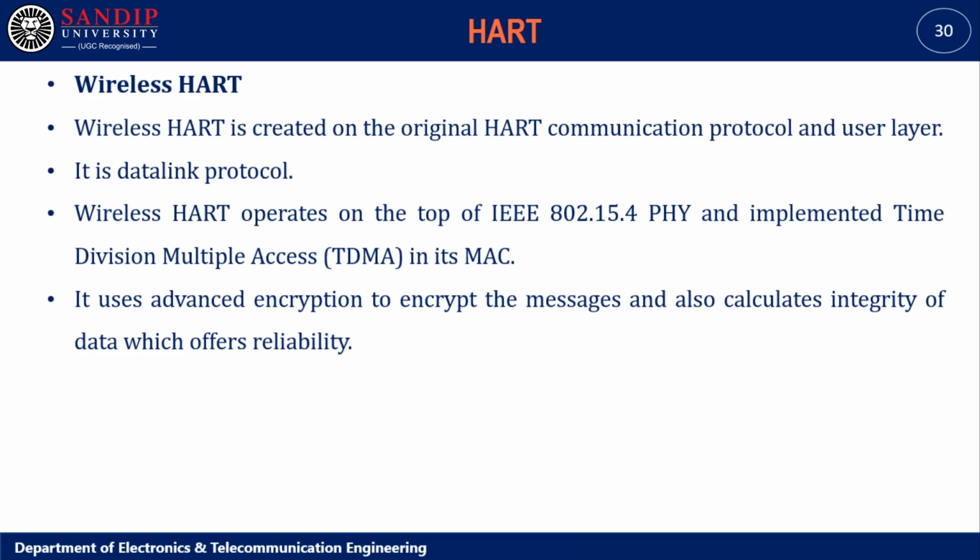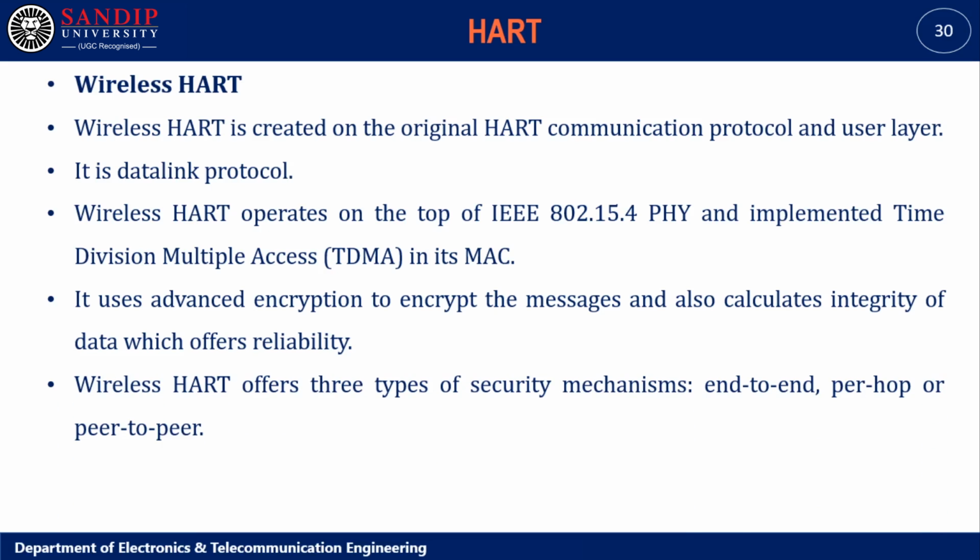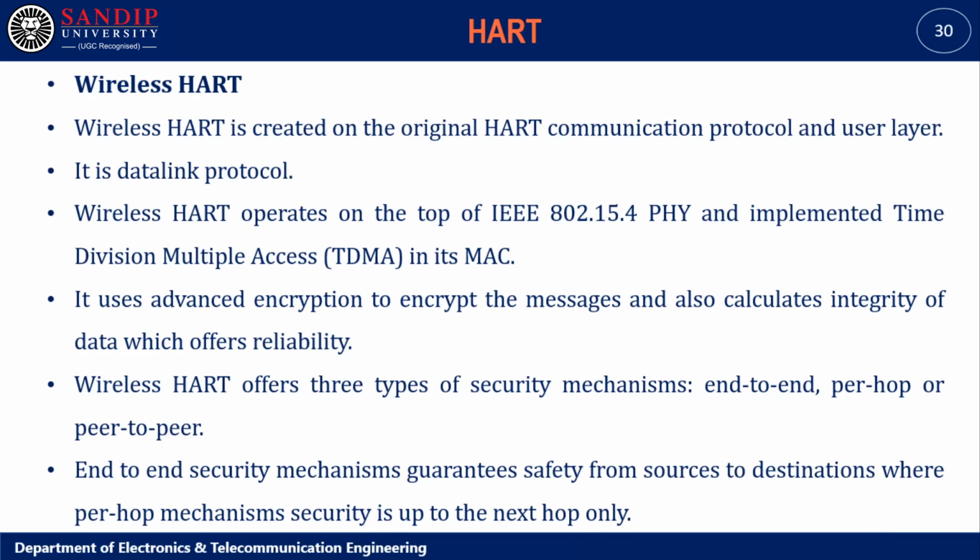It uses advanced encryption to encrypt the messages and also calculates integrity of data, which offers reliability. Wireless HART offers three types of security mechanism, that is end-to-end, per hop, or peer-to-peer. End-to-end security mechanism guarantees safety from source to destination, whereas in per hop mechanism security is up to the next hop only.